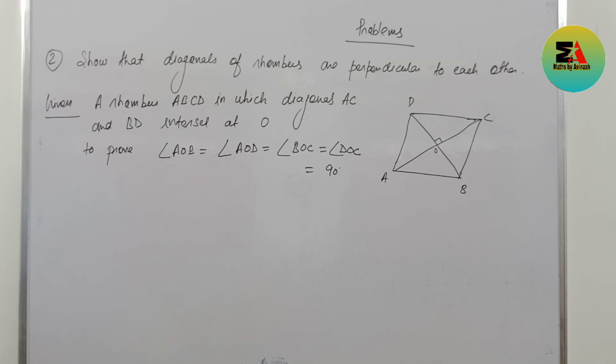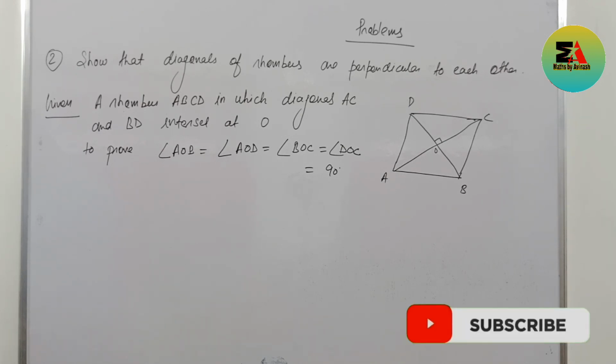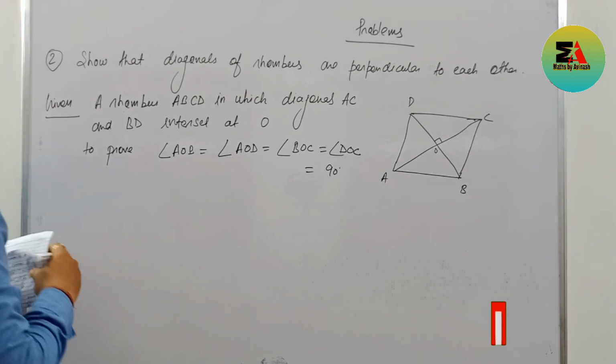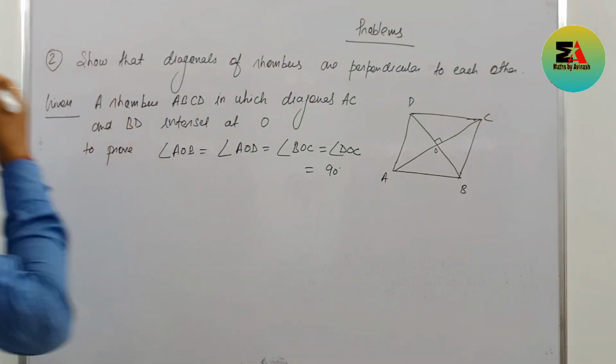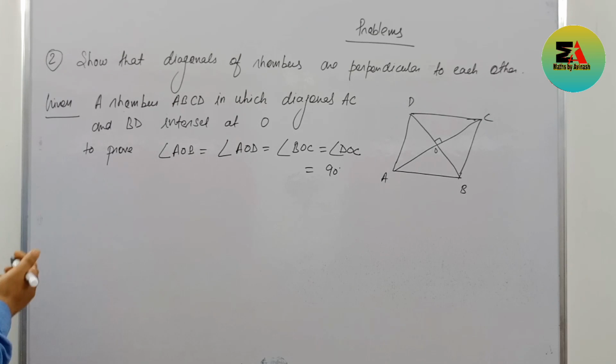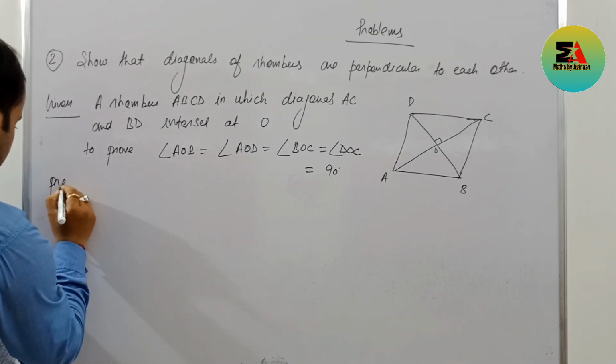First of all, we have to take a triangle. See, this one is very easy. We know that a rhombus is just like a parallelogram. See how we prove.